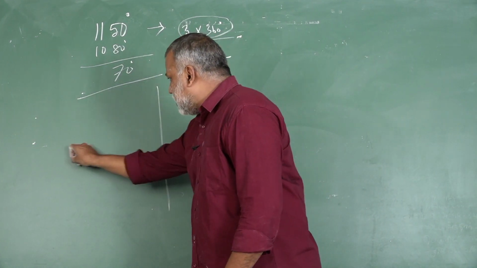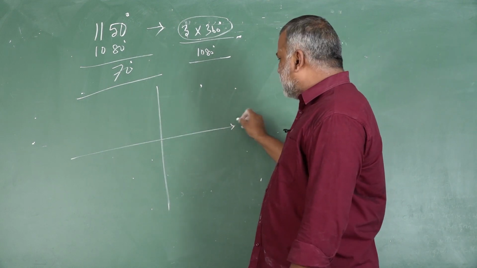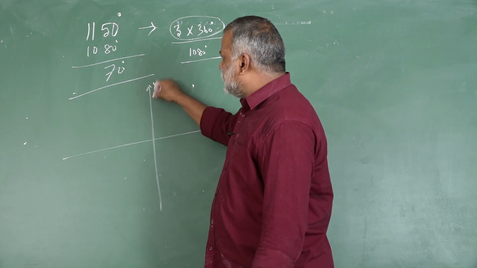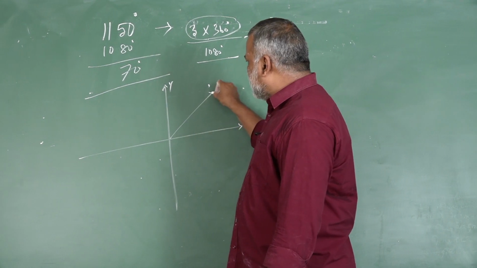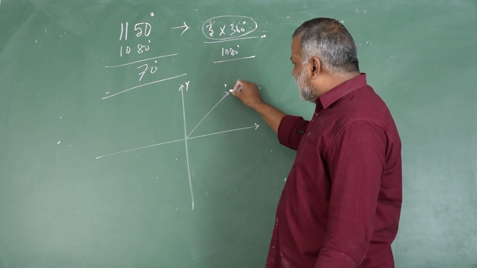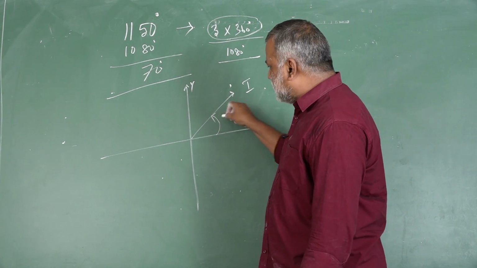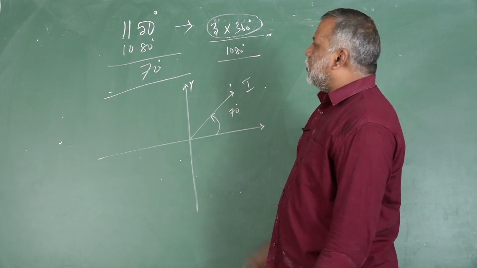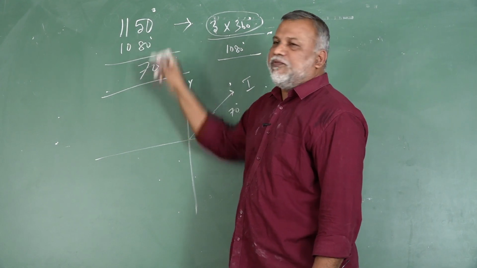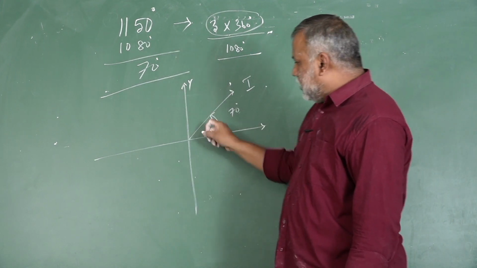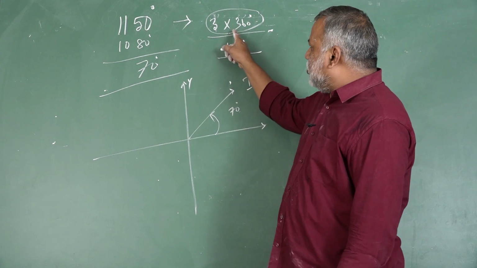Now we can draw the quadrant diagram as usual. First take the 70 degree. So 70 degree lies in the first quadrant. Consider this is 70 degree. Now 1150, again we denote in this diagram: it completes 3 rotations.